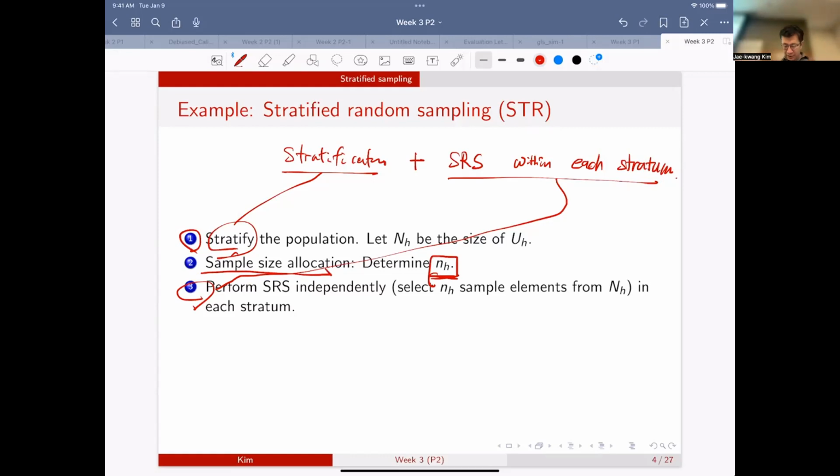So for each stratum h, you need to determine n_h somehow. And then, given n_h, you can carry out simple random sampling independently. That part is easy, because we know what simple random sampling is.